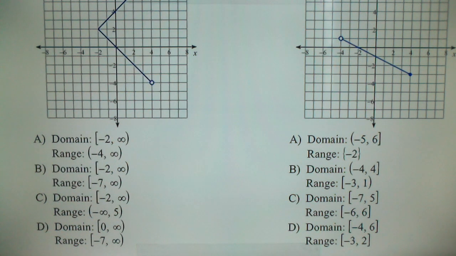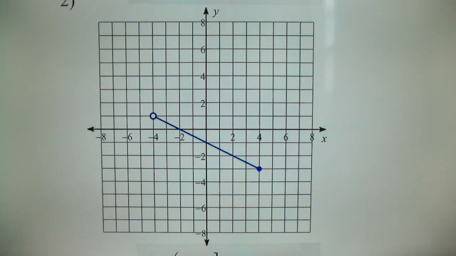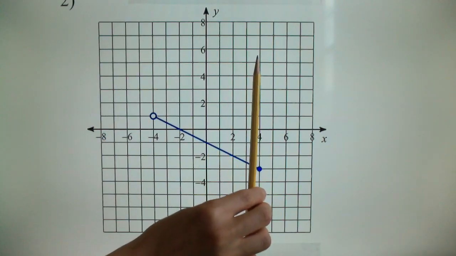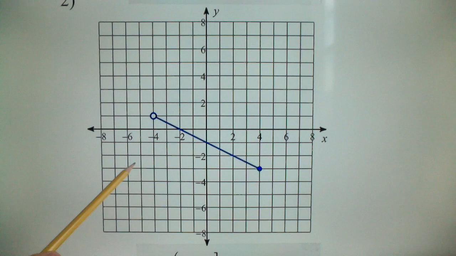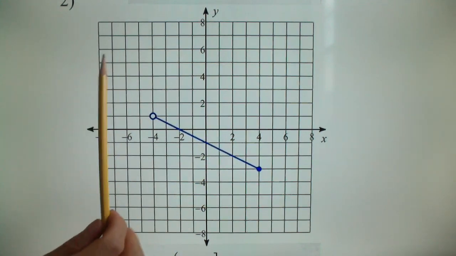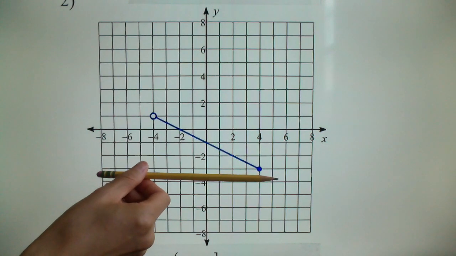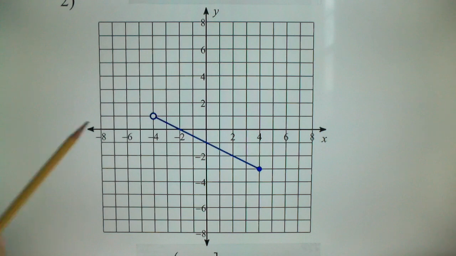Okay, move on to number 2. So the domain is here to here, but this is open, so we'll use parenthesis. This is closed, we'll use the square bracket. So -4 to 4, and the range -3 to 1.